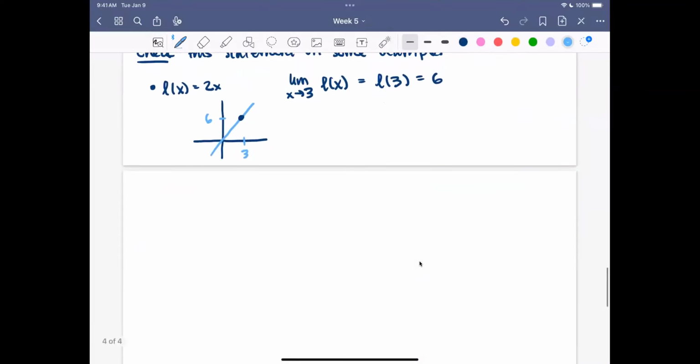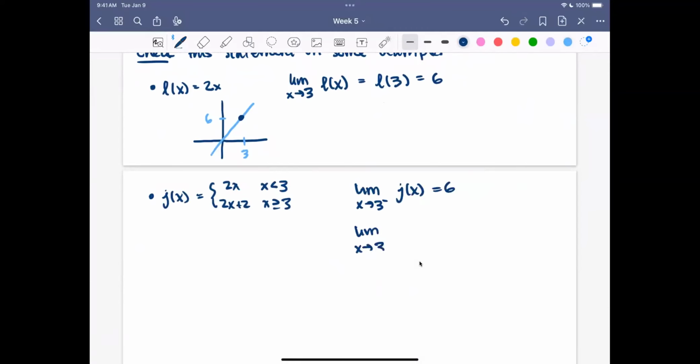Let's write this down explicitly, the function that we were looking at in the previous example, j of x. We got that the limit as x approaches 3 from below, from the left, it's not called f, it's j, so we got 6 for this and 8 for this.